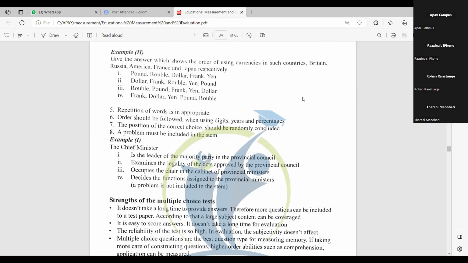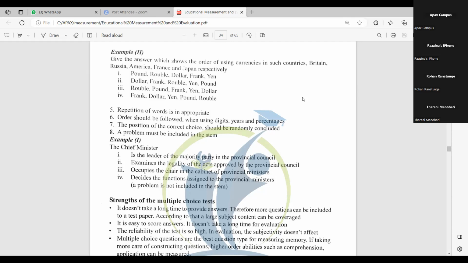Or if you are mentioning years, like, in which year did Sri Lanka get the dominion status? If you give years like 1940, 1938, 1948, 1935, there's no particular order. So follow the order: 1935, 1938, 1942, 1946, in a sequential order.